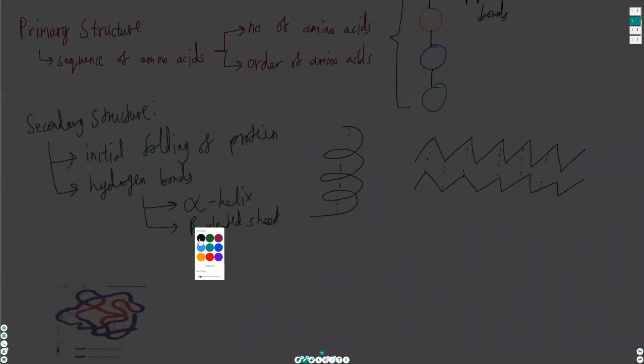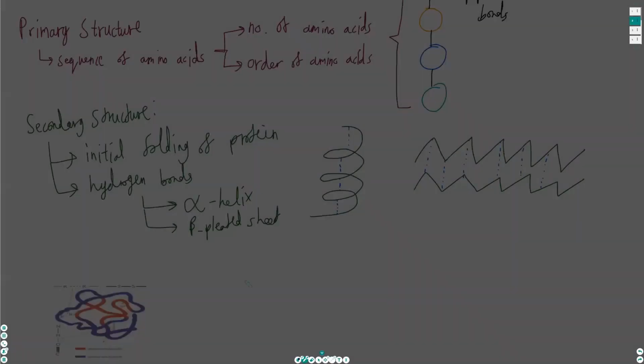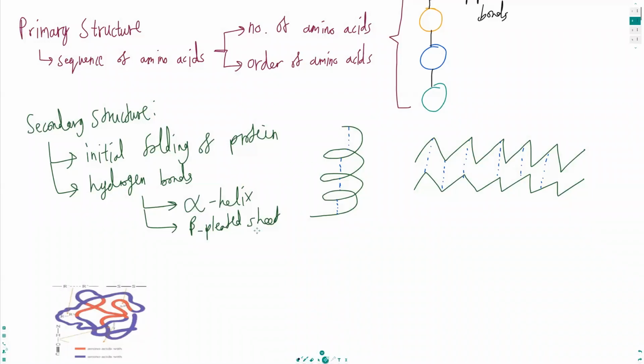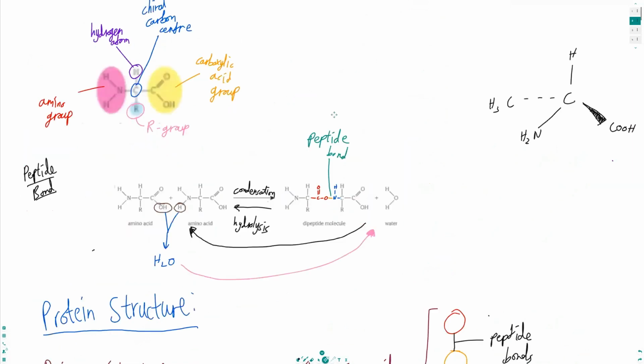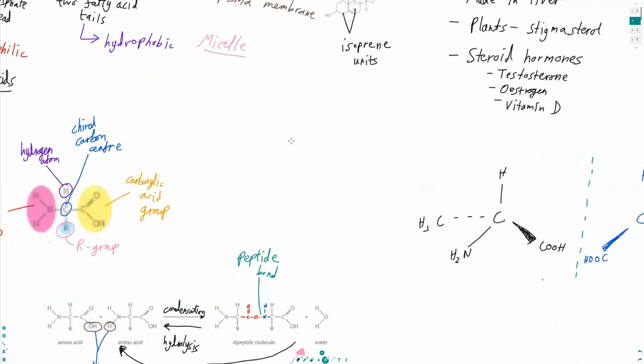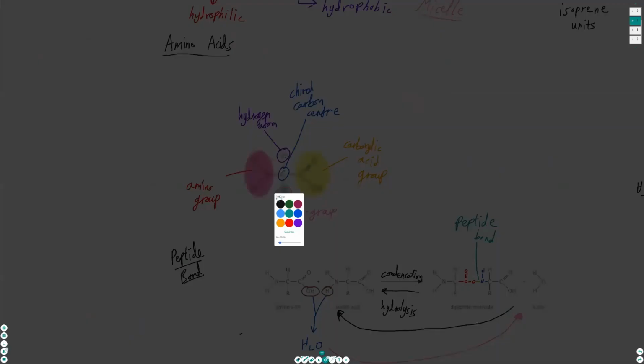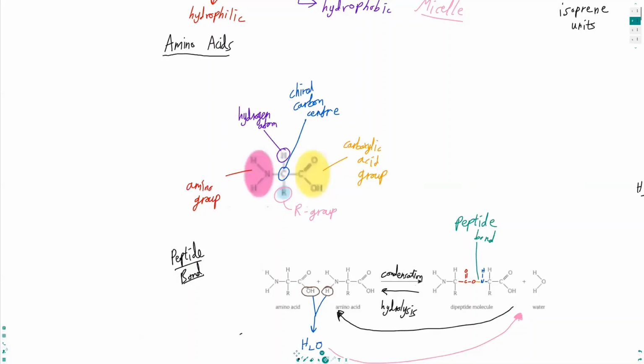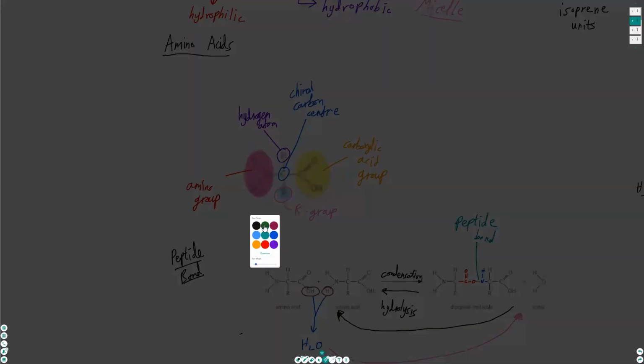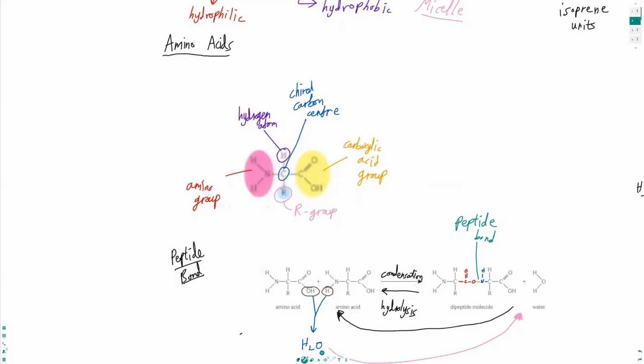Tertiary structure is something a bit more complicated. Now remember, these hydrogen bonds are forming within the main backbone of the amino acid chain. What do I mean by backbone? Well, if we take a look at a typical amino acid, which is this one, the backbone is this section here.